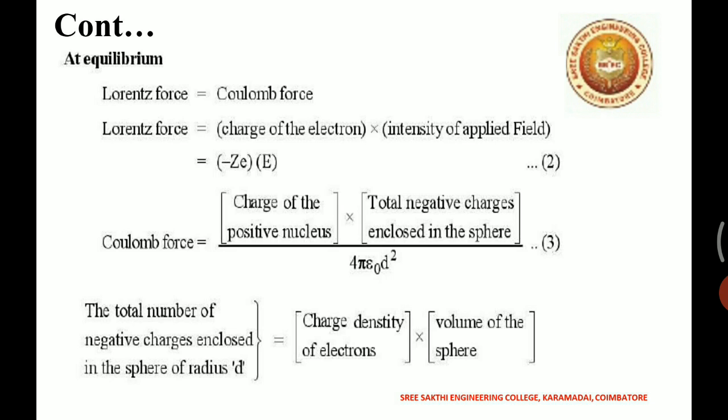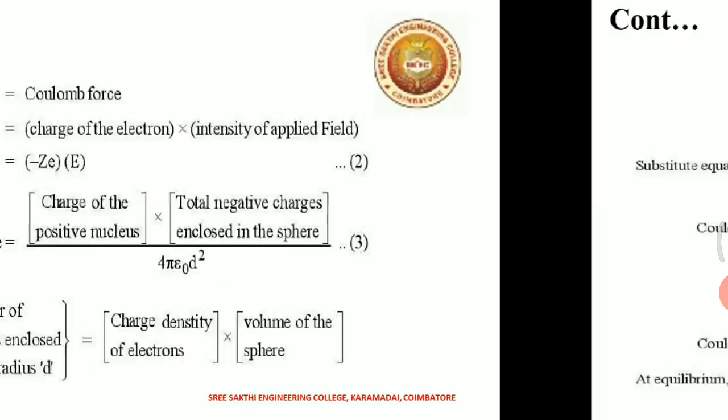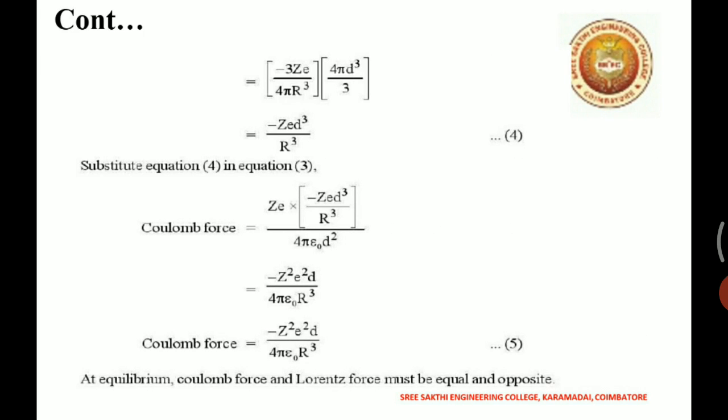So the total number of negative charges can be written as charge density of electrons into volume of the sphere. So the charge density is minus 3 Ze by 4 pi R cube, which is taken from equation 1, and 4 pi d cube by 3, which is nothing but the volume of the sphere of radius d.